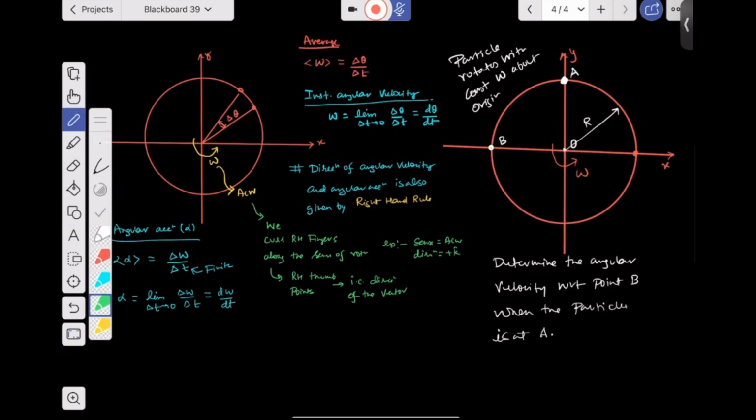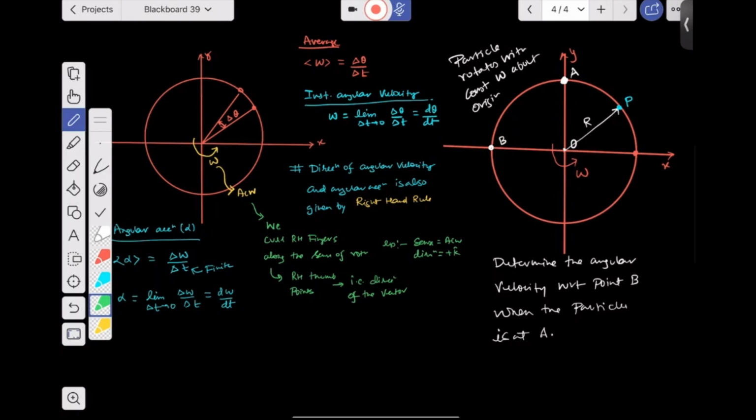Suppose I consider the particle to be present at this point P at some point of time. What exactly is the angle whose rate of change we take? It is the angle made by the position vector of the particle with respect to the reference line crossing the fixed point that we consider in polar coordinates. We must be very clear about what that theta is.